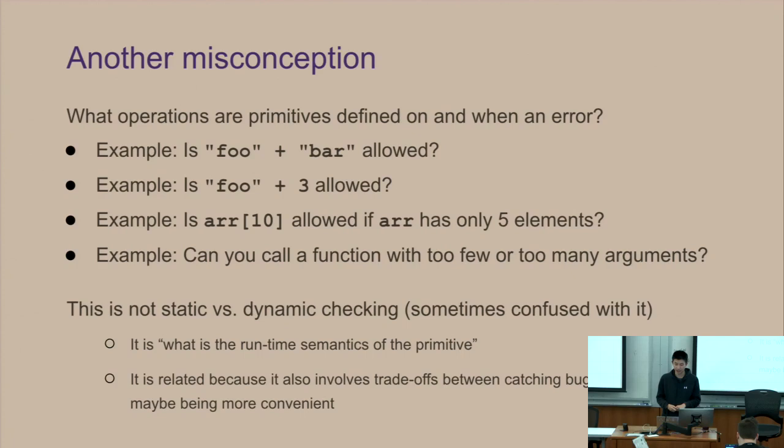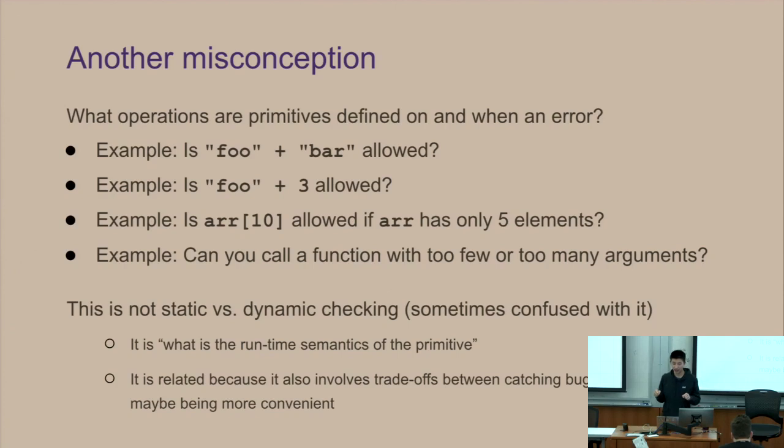There is some misconception about what exactly is static and dynamic checking. For example, is the string "foo" plus the string "bar" allowed? Or is the string "foo" plus 3 allowed? Or what happens if we have an array access out of bounds? Surprisingly, this is not really about static versus dynamic checking.